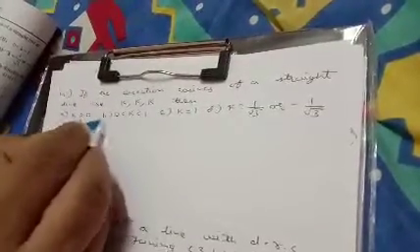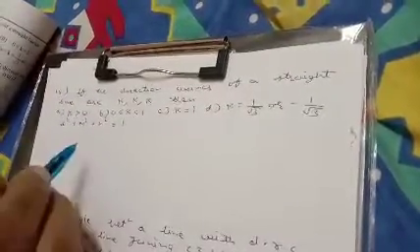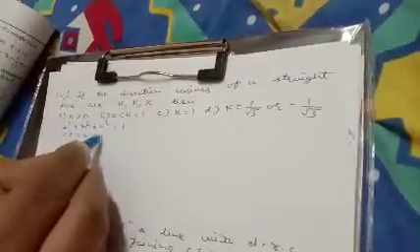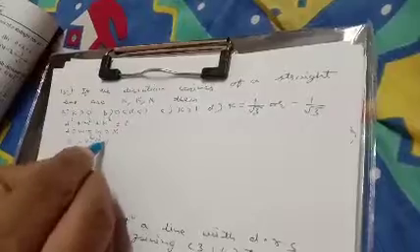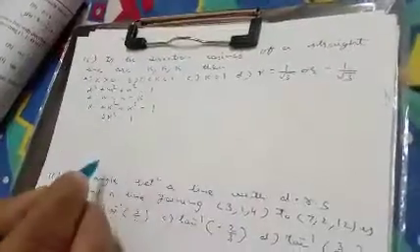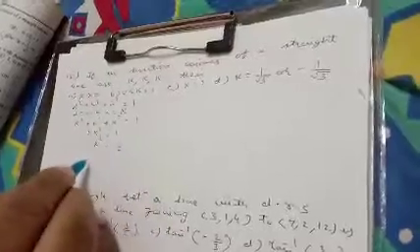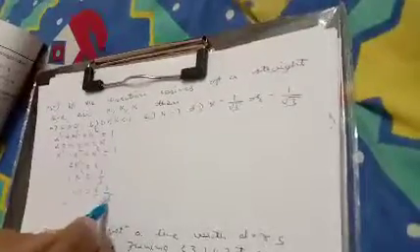If L, M, N are direction cosines, then L square plus M square plus N square equals 1. Here L equals k, M equals k, N also equals k. So k square plus k square plus k square equals 1. 3k square equals 1. We have to find the value of k. So k square is 1 by 3. Take square root. We get 2 roots, plus or minus 1 by root 3. So our answer is option D.